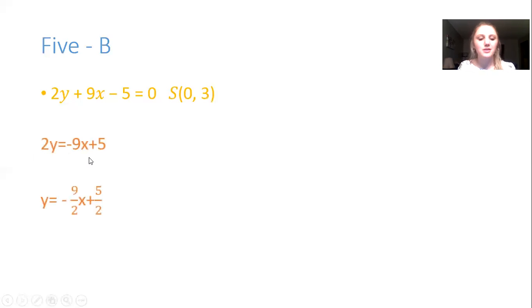Now we have a slope, which would be -9/2, because it is the one right before the x. You have to remember that. Okay, and then our opposite or negative reciprocal of that slope for the perpendicular line would be 2/9, because it's the opposite of -9/2. And then we would plug it into our point slope form with this point right here.